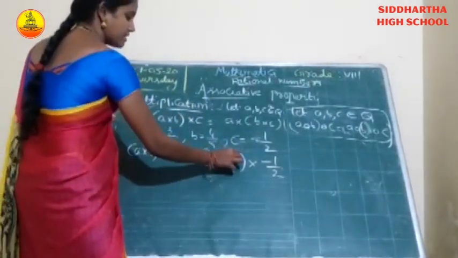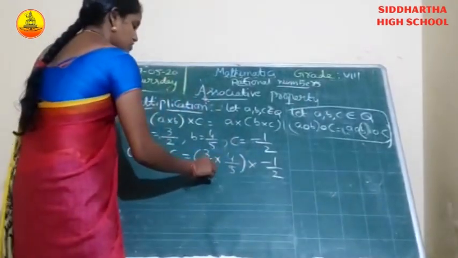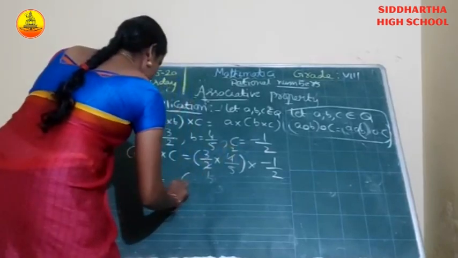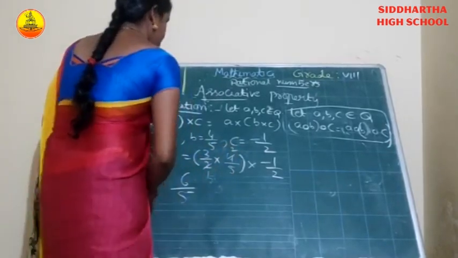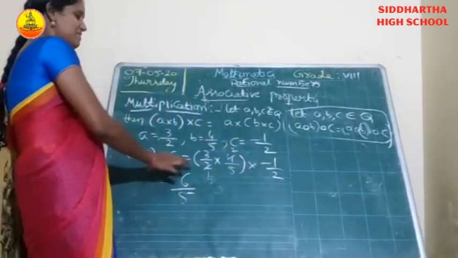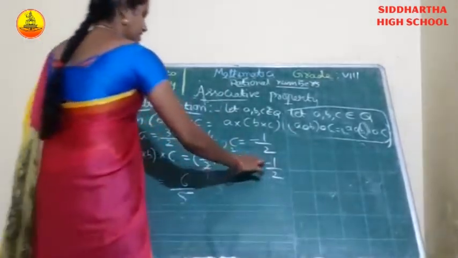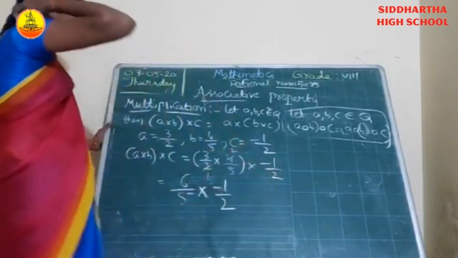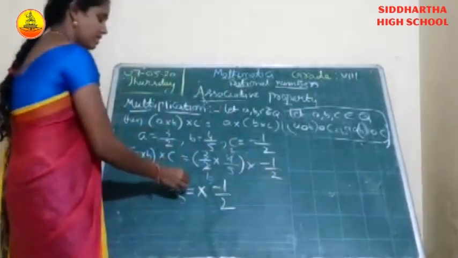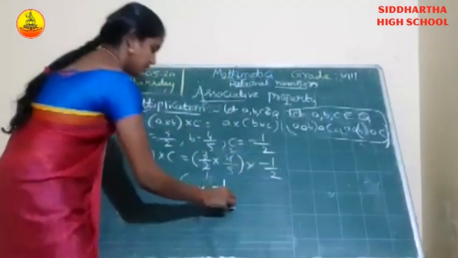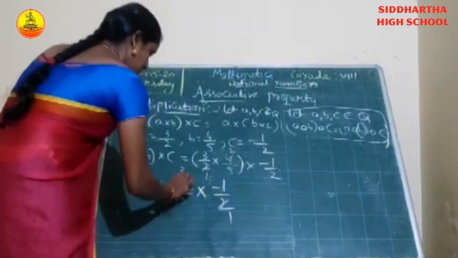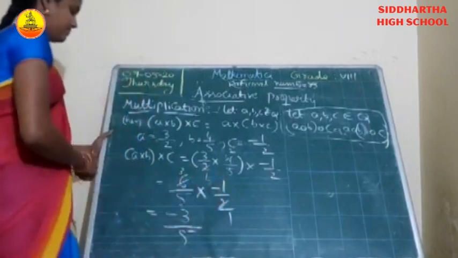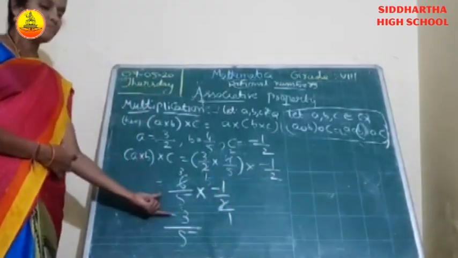In this bracket, if any cancellations are there, you can cancel. 2 ones 2, 2 twos 4. 3 twos how much? 6. 1 5s 5. So you got one number. So remove the brackets. Next into minus 1 by 2. Now again, you check if any cancellations are there, you can cancel. 2 ones, 2 3s. 3 into minus 1, minus 3. 5 into 1, 5. So the value of this one is minus 3 by 5.